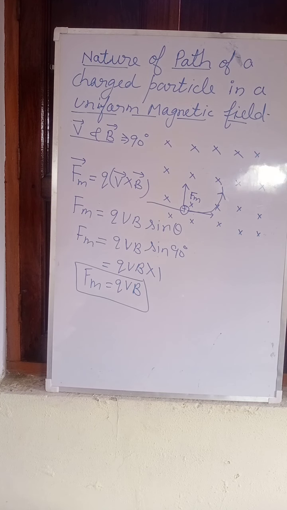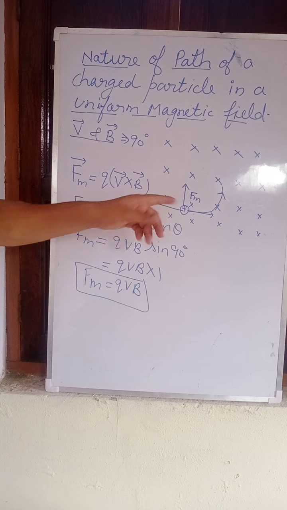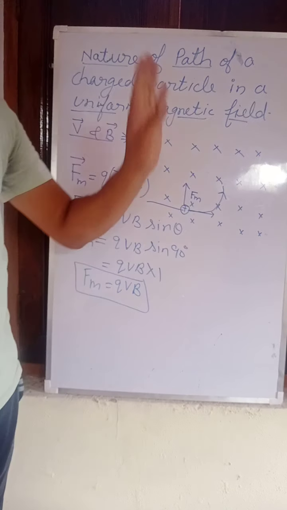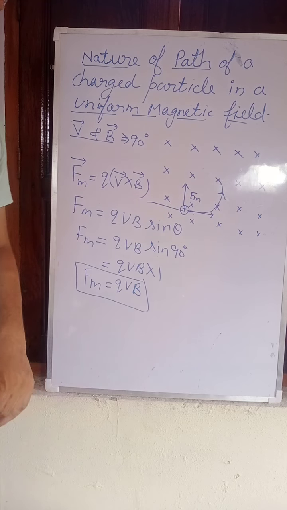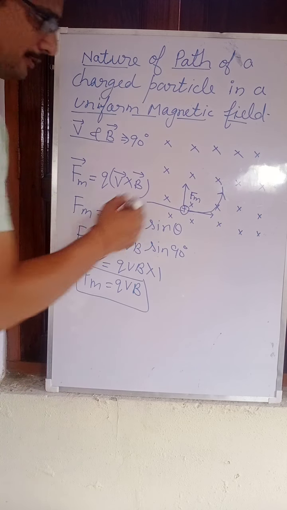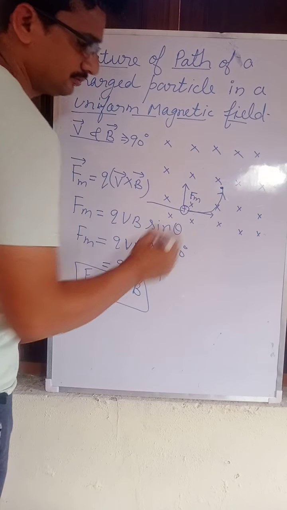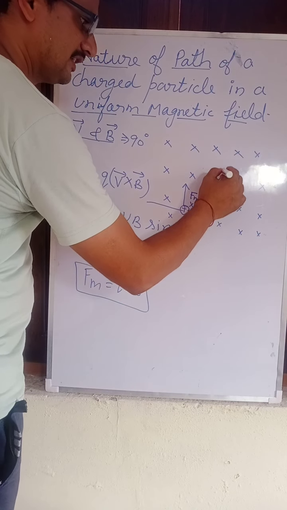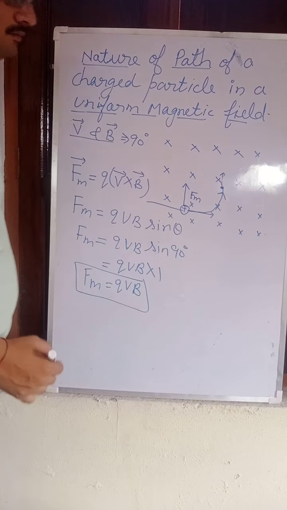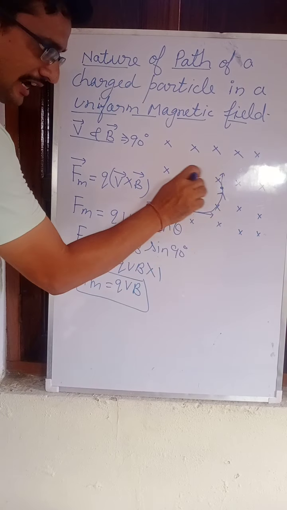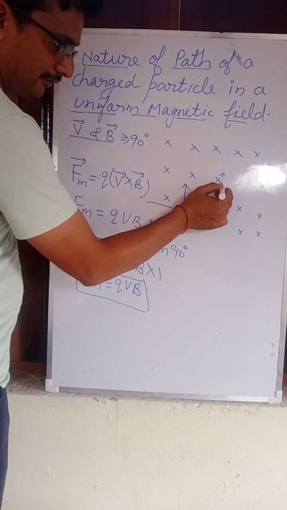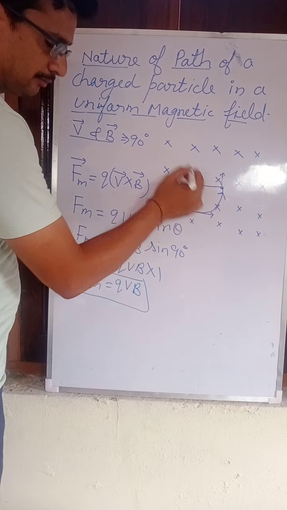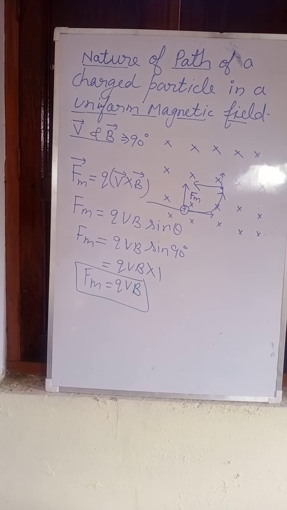When the charged particle comes at this position, we can also find the direction of force. So the charged particle is at this position, velocity is like this, magnetic field is inside the plane, again the applied force will be perpendicular to both quantities, magnetic field and velocity.